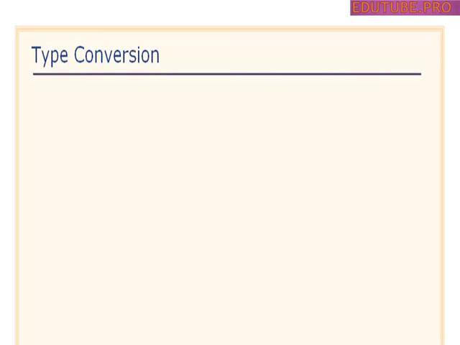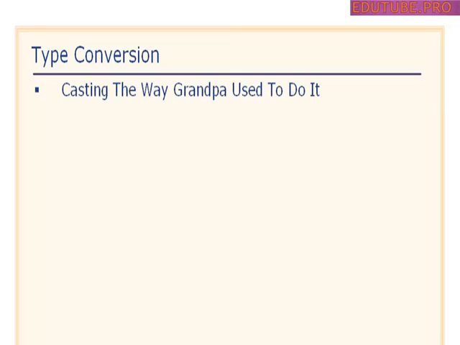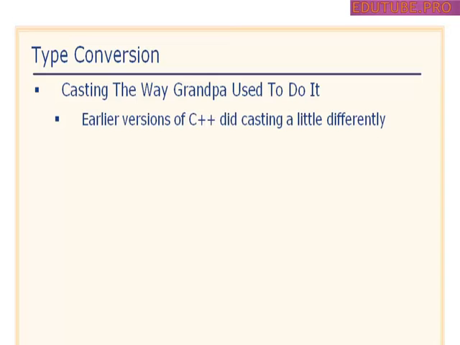Now there is a type of casting in C++ that you need to be aware of because you're going to see it and it will be a little bit confusing, and that is casting the way Grandpa used to do it. Alright? Well, maybe not Grandpa, but maybe coders just a couple, 3-4 years ago. Earlier versions of C++ did casting a little differently.